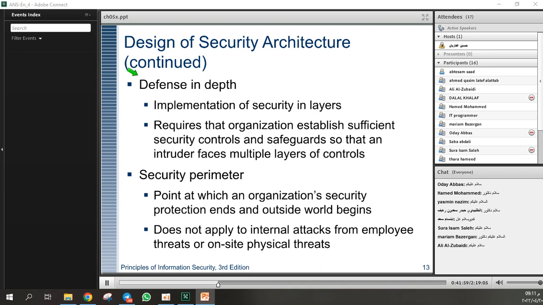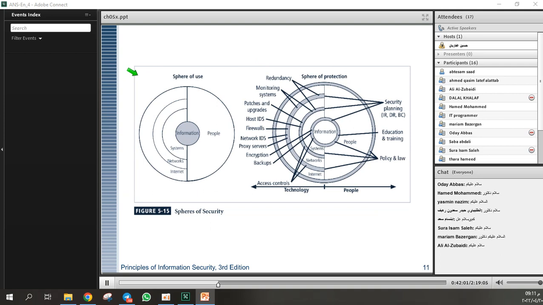Okay, look at this one here. Back here, I have different layers: information systems, network, and internet. And in the relation between each of those layers, I can use different strategies. For example, in the relation between systems and information, I can use encryption, backup strategy, and access controls.